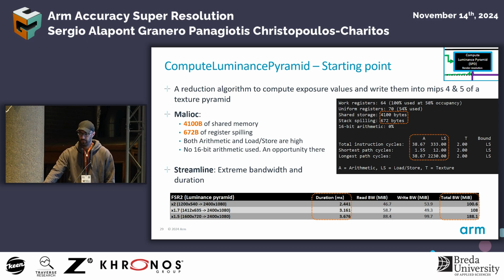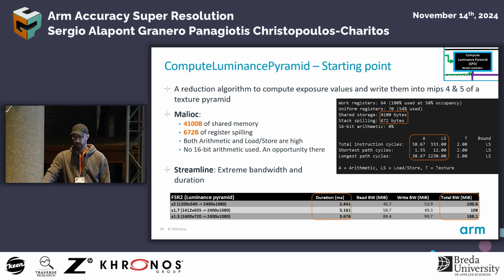So we need to start optimizing, and let's start from the top with the order of execution. The first pass is the compute luminance pyramid dispatch. Let's start with that. This is basically AMD's single pass downsampler that does reduction of exposure data to fill 2 MIP levels of the texture and optionally compute the final exposure.